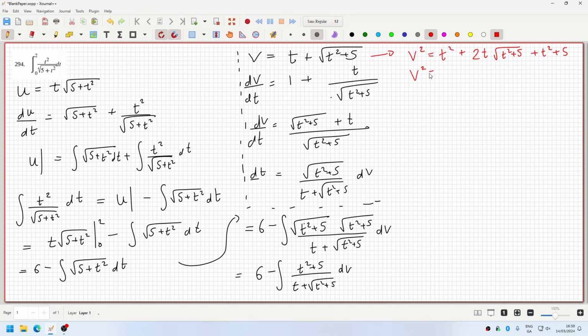So v squared equals 2t squared plus 2t root t squared plus 5 plus 5.